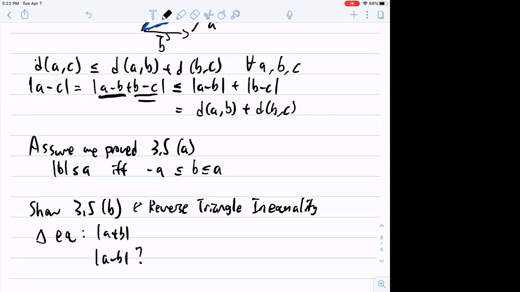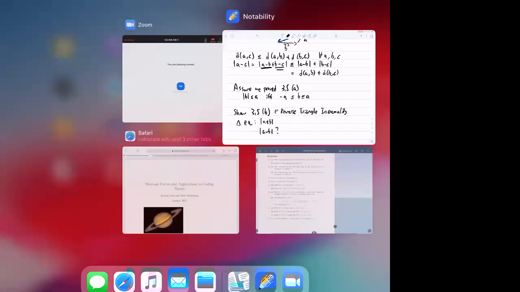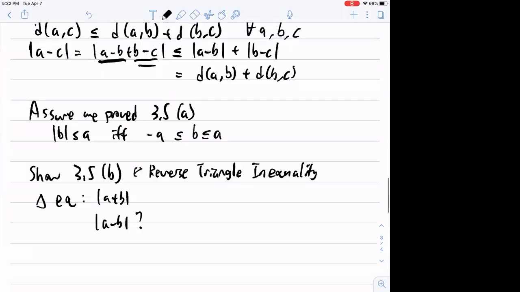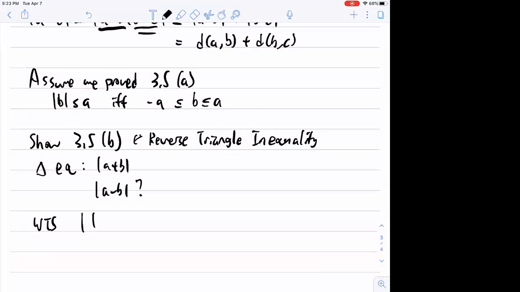This problem basically tells you what the inequality is. You have two absolute values: the absolute value of A minus the absolute value of B is smaller than the difference. So I guess it's called reverse, right? Because we have A minus B is bigger than something. For triangle inequality, it's A plus B is less than something.